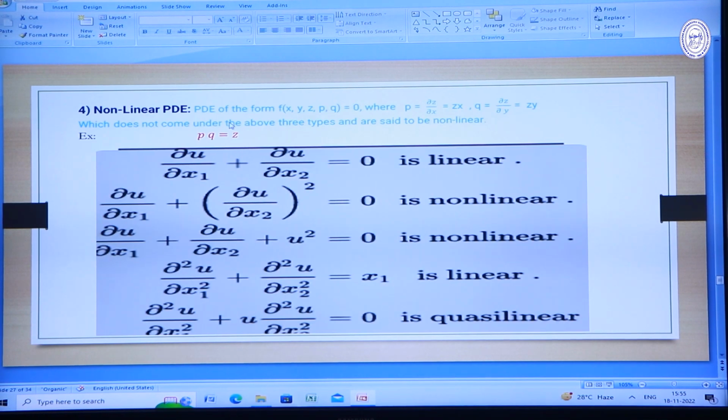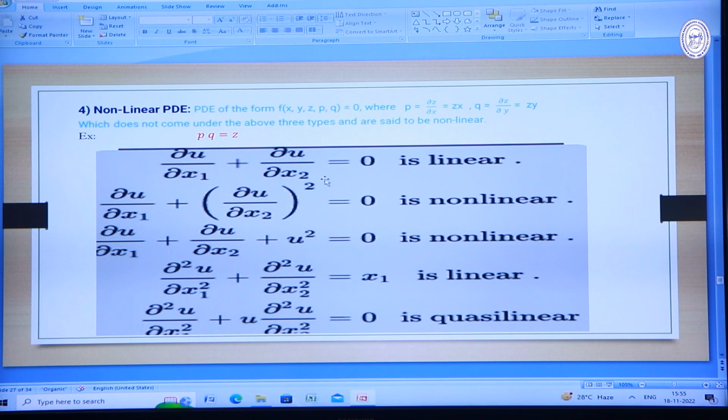Non-linear partial differential equation. A partial differential equation of the form f of x comma y comma z comma p comma q equal to 0, where p equal to this, q equal to this, which does not come under the above three types, is said to be non-linear. These are examples of linear, non-linear, Cauchy linear.